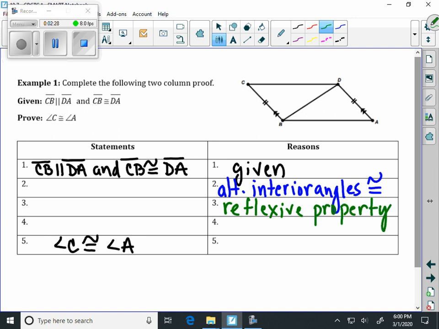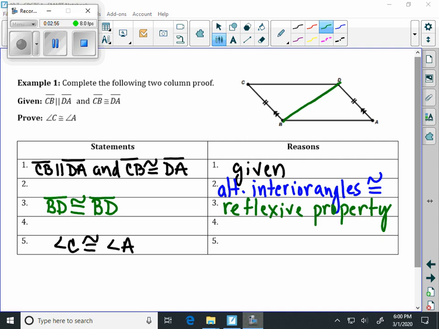In fact, let's take a look at our picture now and find where we're going to be using the reflexive property. And if you notice, this length right here is a part of both triangles. It is the shared side. So we can say that BD is congruent to BD, again, because of the reflexive property.